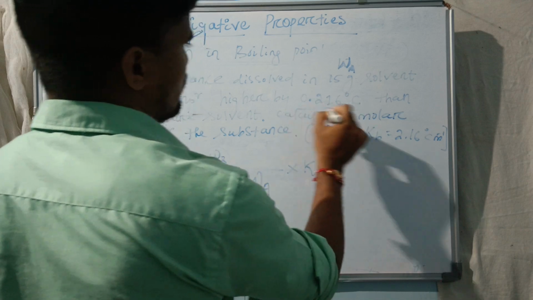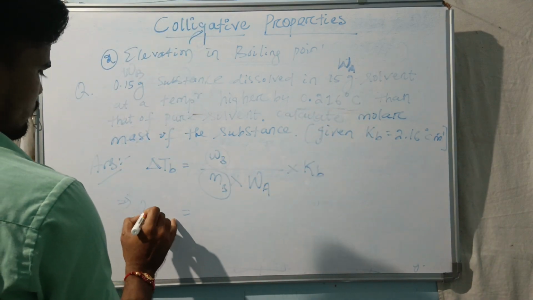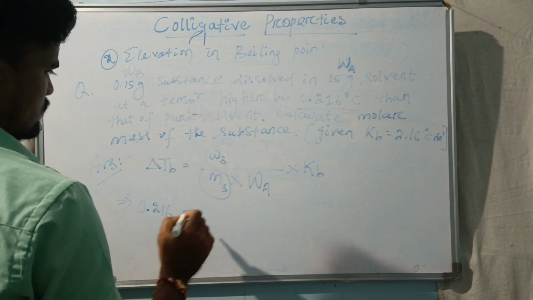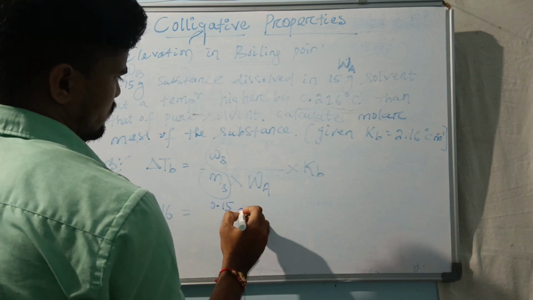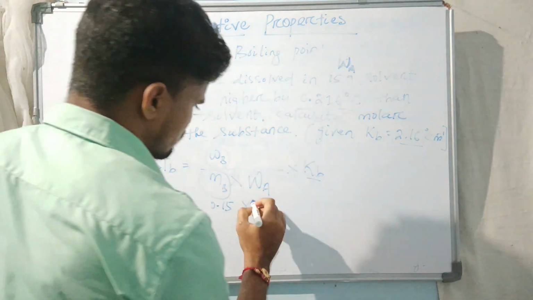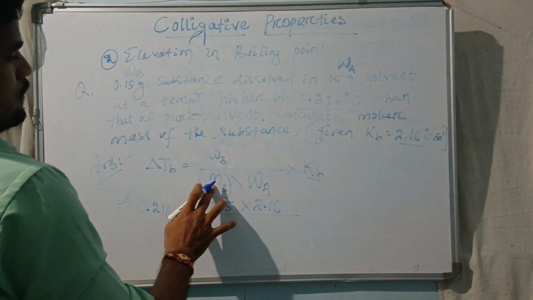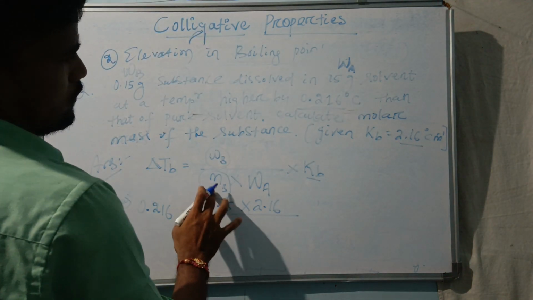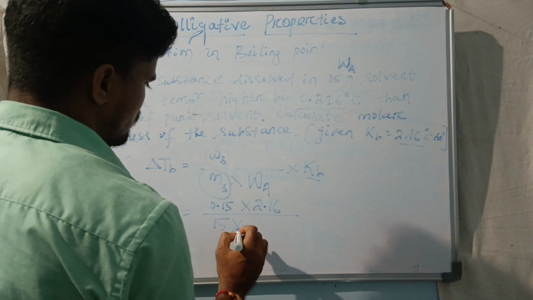This is the elevation in boiling point: 0.216 is equal to 0.15 into Kb, which is 2.16, whole divided by molar mass M into 15 gram.